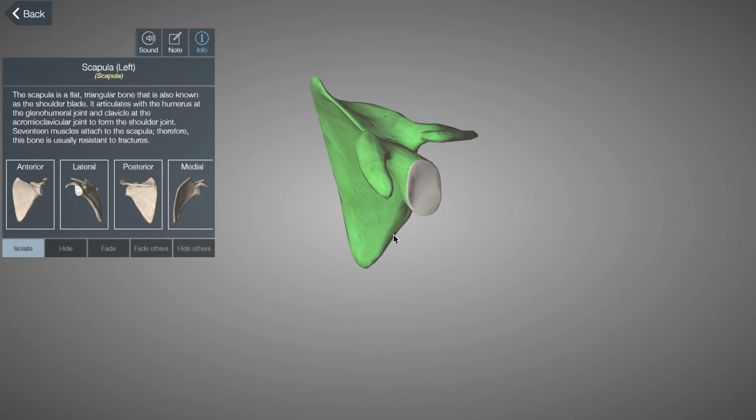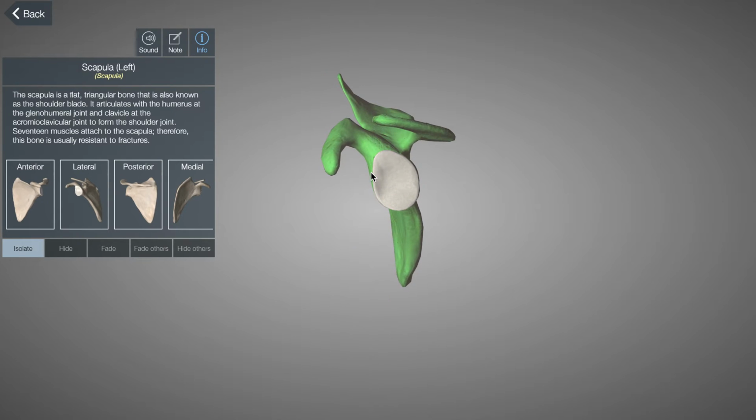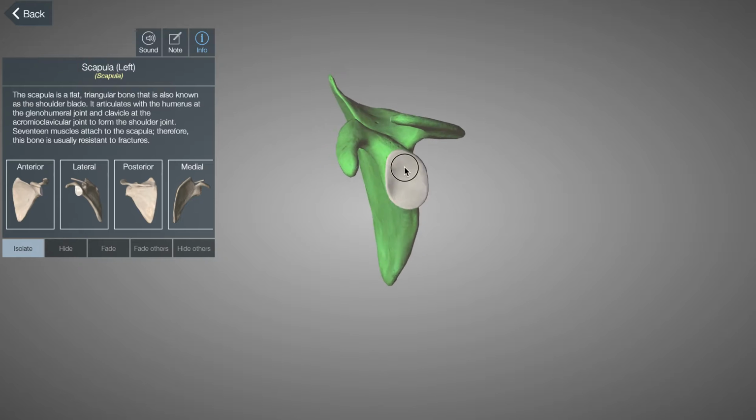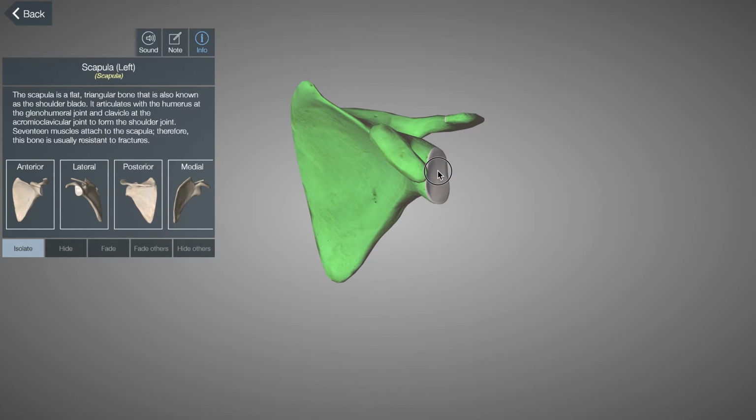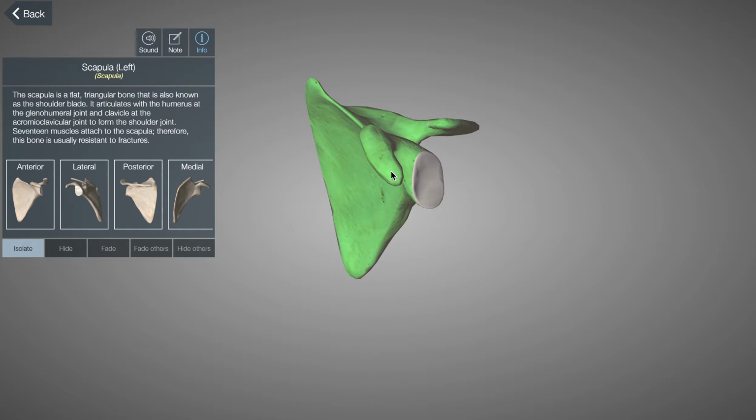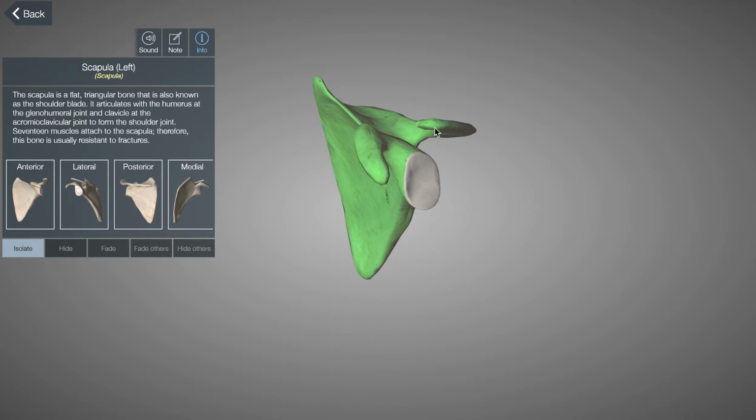You have a lot of muscles that attach there for a lot of your arm movement, shoulder movement, and overall stability and protection of your back. So if we look at this bone right over here, you'll see that you have these two processes right over here.